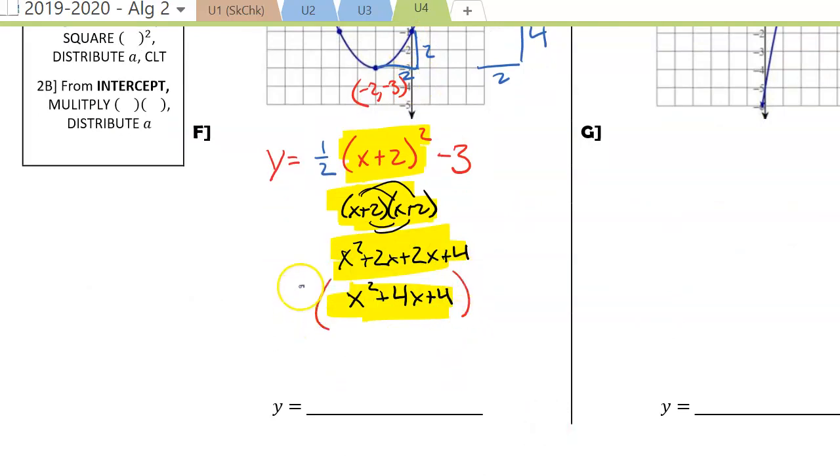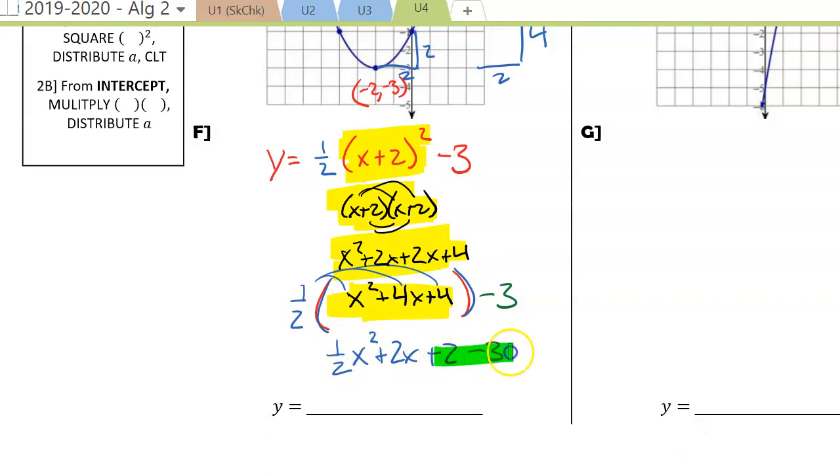I still have that 1/2 in front, and I still have that minus 3 at the end. Order of operations says we need to do multiplication next, so I'm going to distribute the 1/2 to each: 1/2 x squared plus 2x plus 2. And I still have that pesky minus 3 on the end, so now we'll combine like terms in the very last step, giving me the equation y is equal to 1/2 x squared plus 2x minus 1.